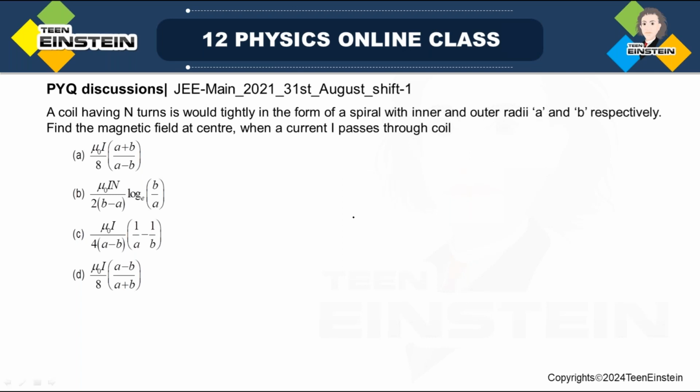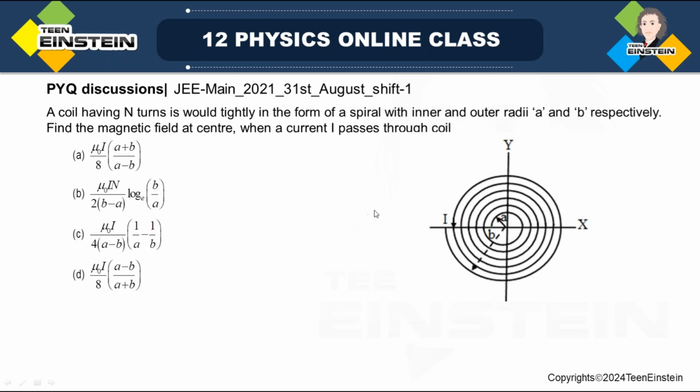Let me show you the situation. So this is the situation. This is the inner radius A, and this is the outer radius of the spiral. Now you have to find out the magnetic field at the center.